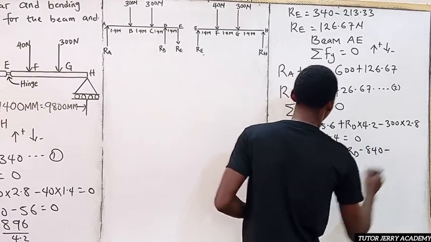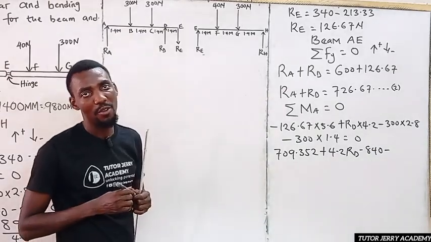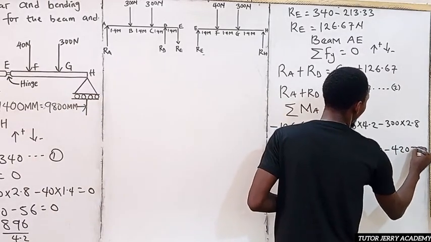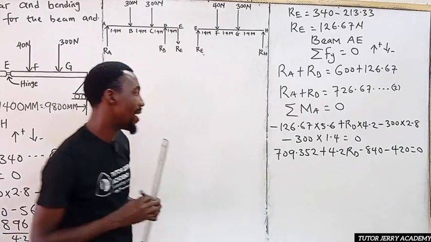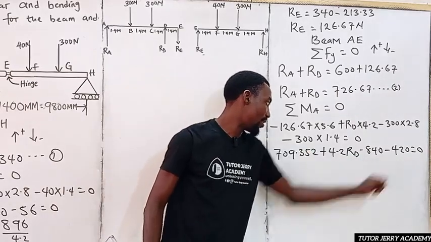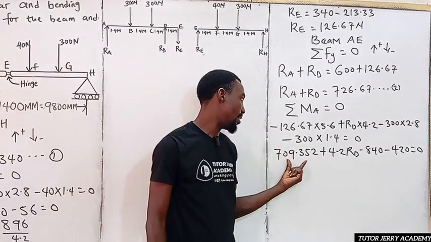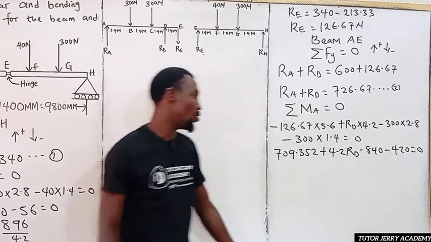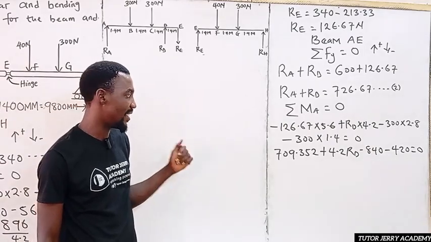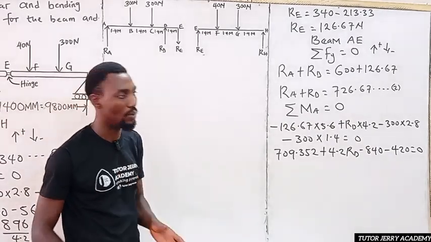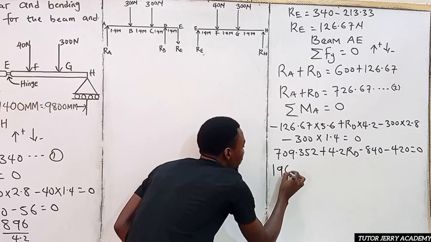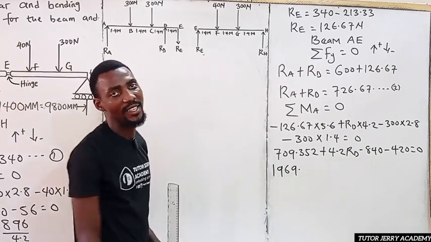Minus 300 multiplied by 1.4 is 420, so we are going to have minus 420 equal to 0. All right, so by the time you sum this with this and this, that is this minus this minus this, you are going to have nothing but 1969.352.